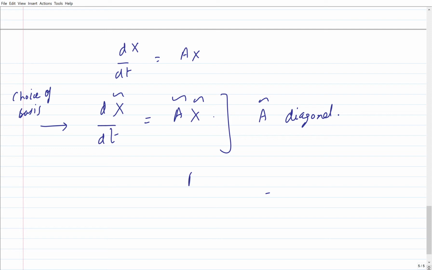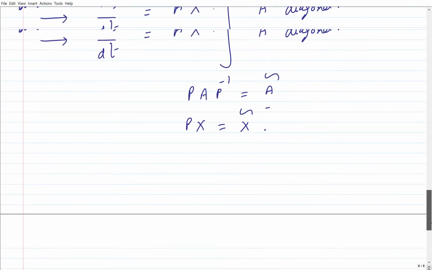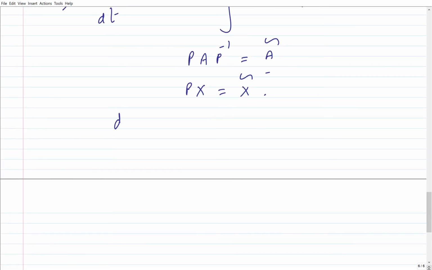So a change of basis I demand is something which takes my original matrix to some transformed matrix A tilde, and my coordinates would be related by these. And once I have this, I know the solution of these since A tilde is a diagonal matrix now.